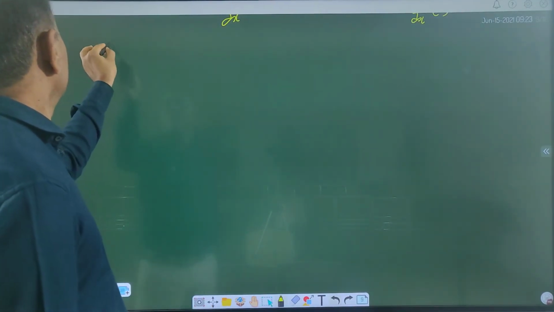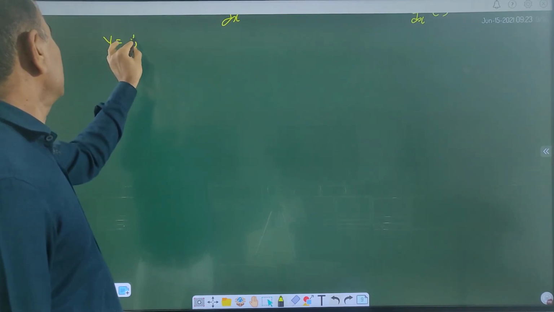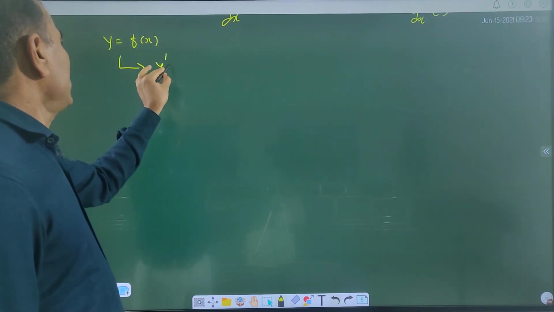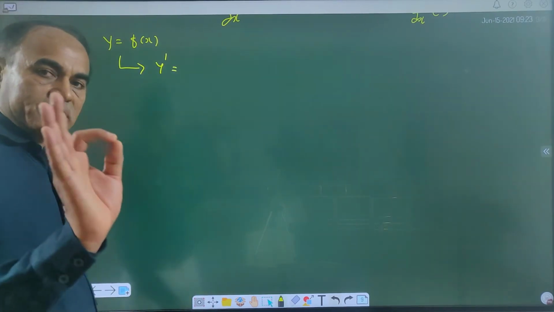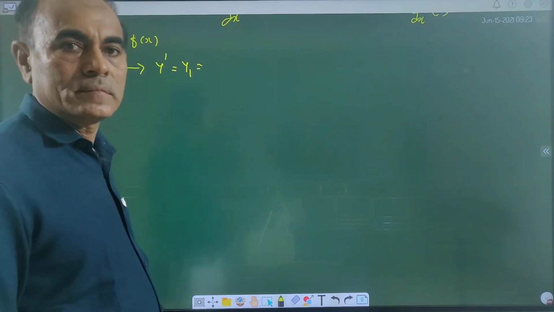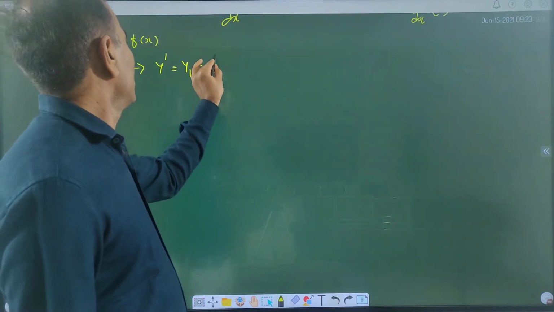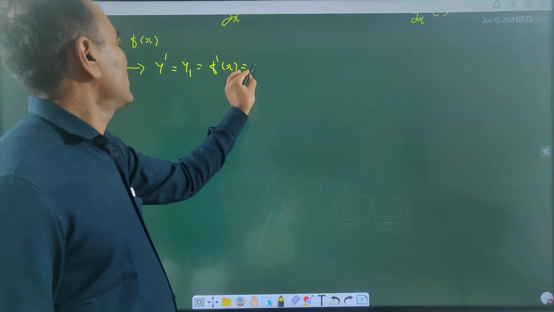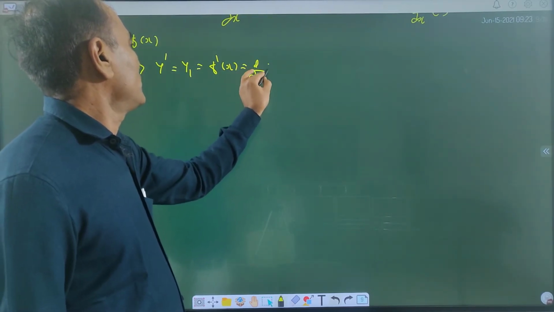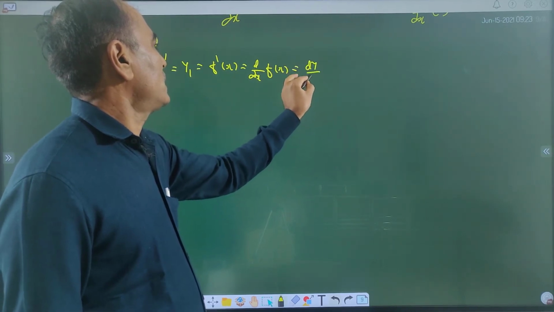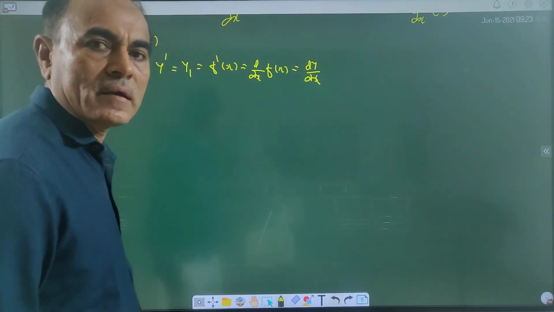See, if y is equal to f x is given, y dash is the notation for the first derivative, or y1, or we can write f dash x, or we can write d by dx of f x, or dy by dx.